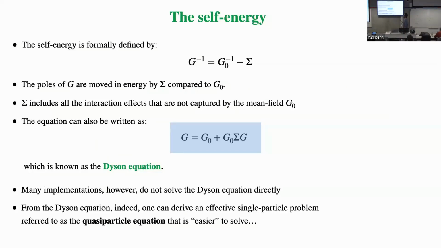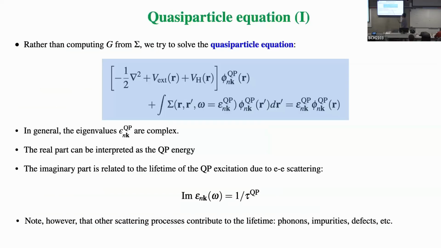Now, we never construct G or sigma explicitly as a function of r, r prime, and omega, but what we do is solve the so-called quasi-particle equation, in which we have the first term that is essentially the Hartree Hamiltonian plus this integral in which sigma acts as a kernel. But I would like to mention that here the self-energy must be evaluated at the quasi-particle energy.